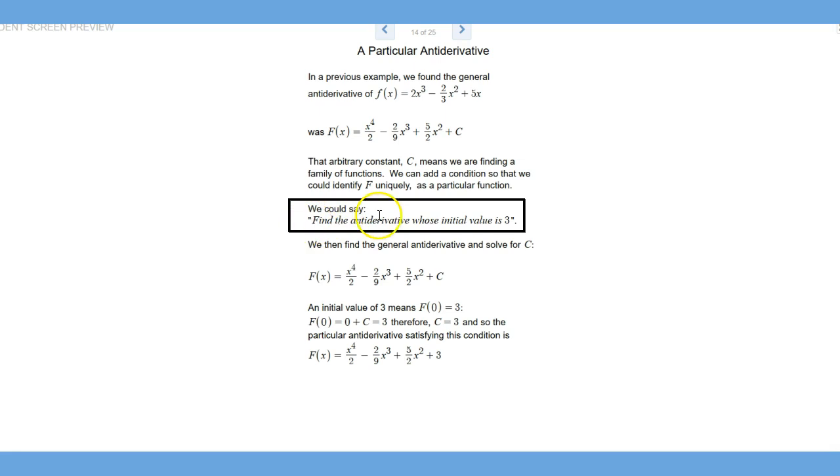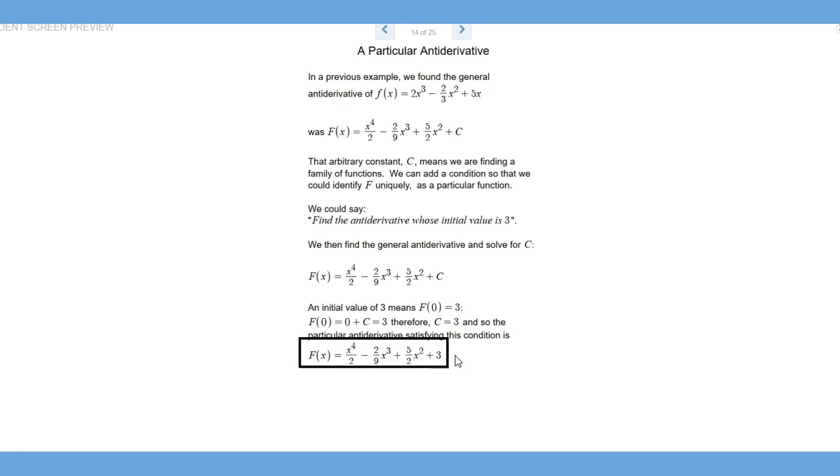So we could say find the antiderivative whose initial value is 3 for this function. We know the general antiderivative is this function, and an initial value of 3 means that capital F of 0 is 3. So if we evaluate this function at 0, we solve for c, and this is the particular antiderivative. It's a unique function. It's not a family of functions like the general one was.